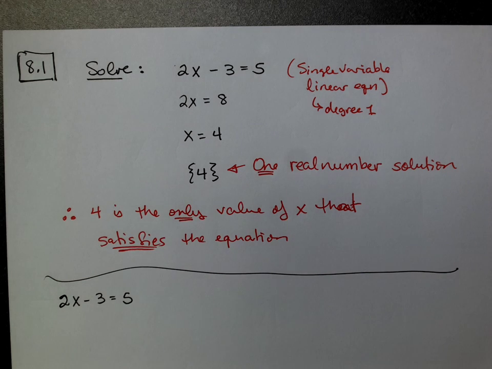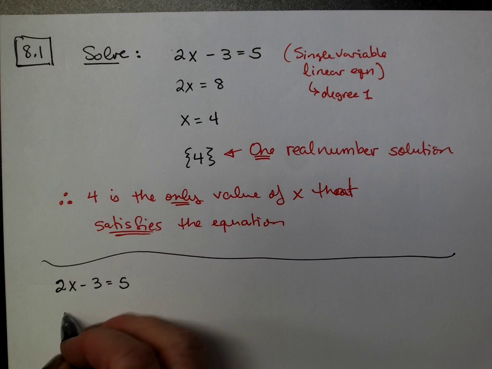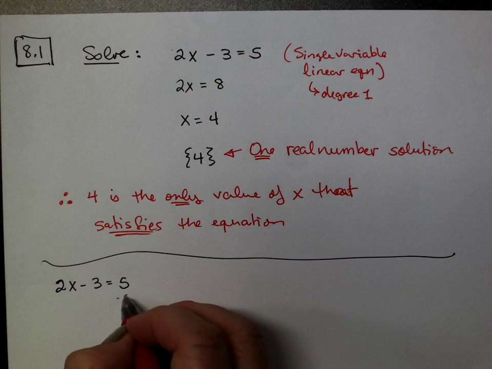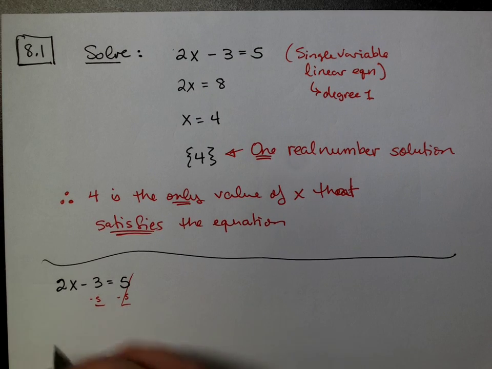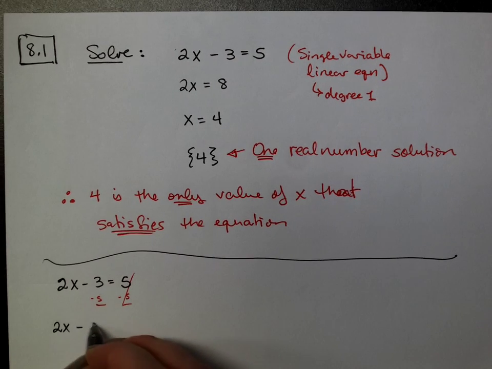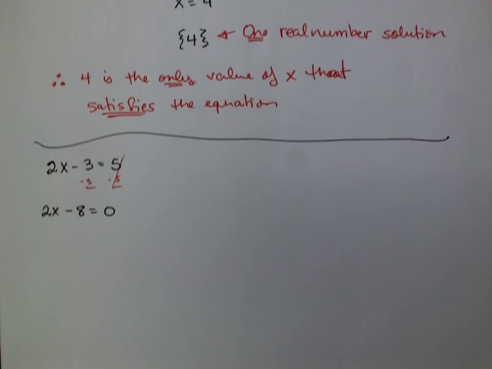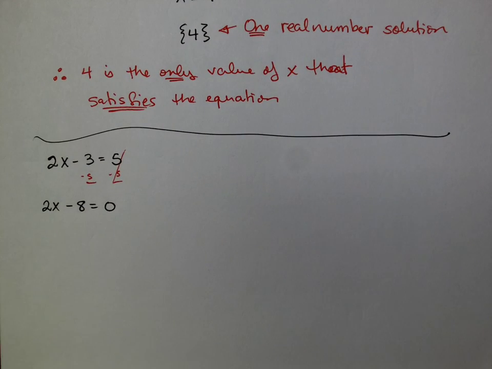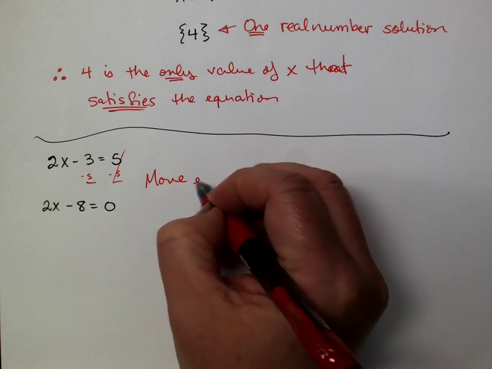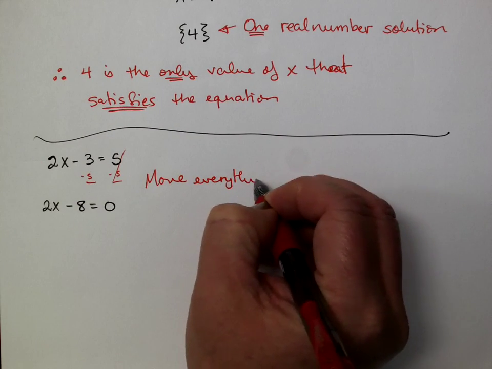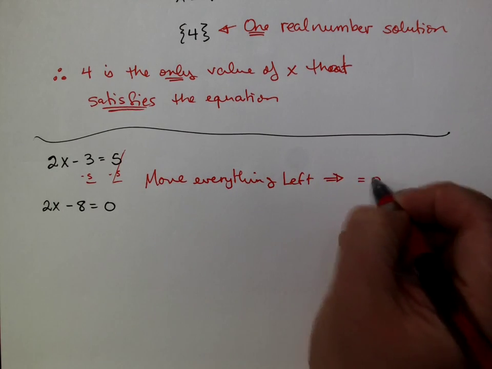So we're using our addition property to make that happen, but we're not actually solving for x. So we moved everything left. So we are setting it equal to 0.